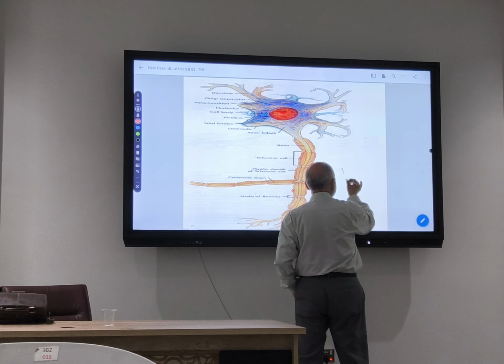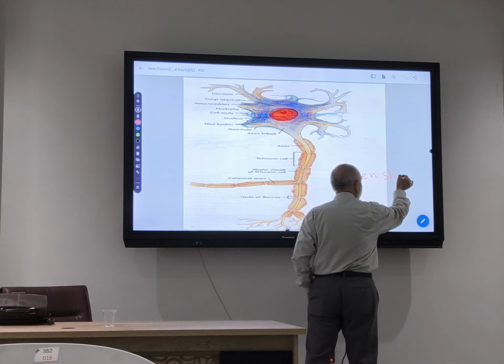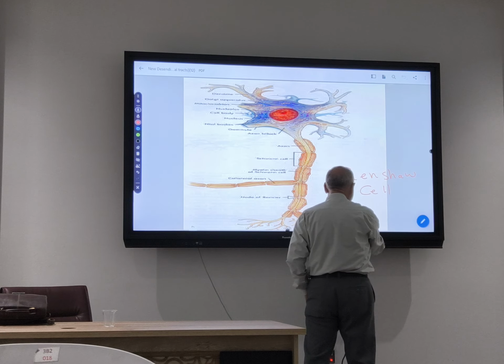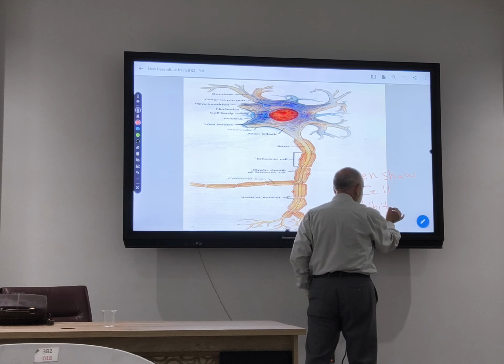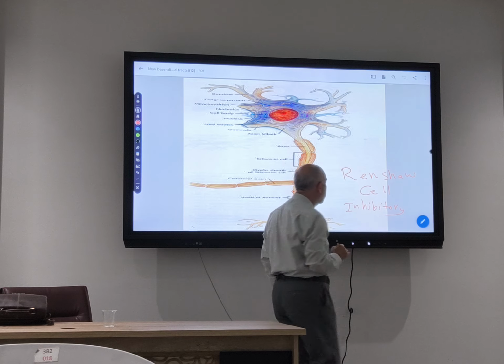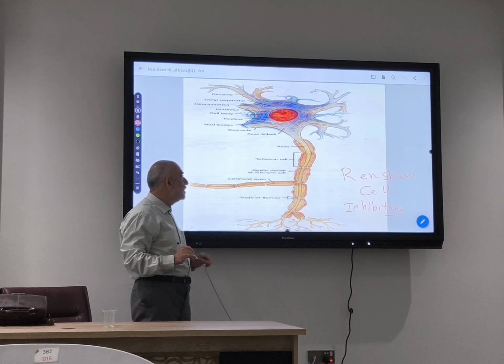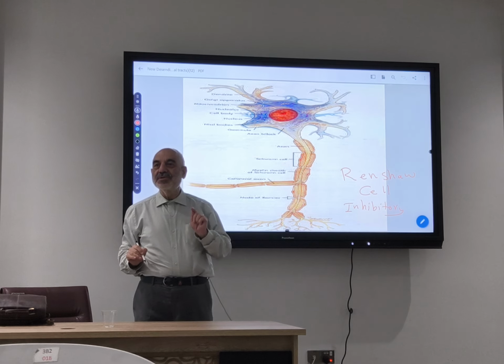Renshaw is the name of a man. A collateral branch sometimes goes to the Renshaw cell, and the Renshaw cell is inhibitory.